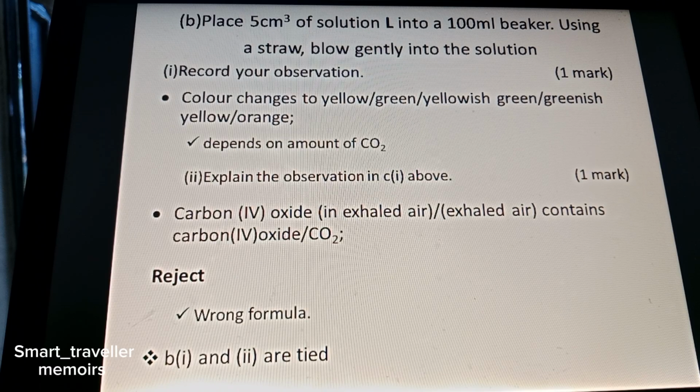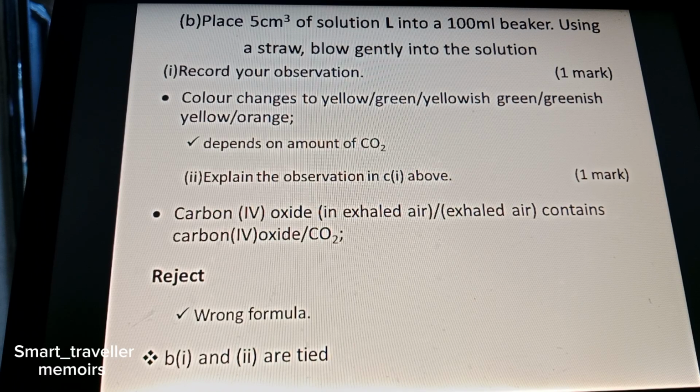Explain the observation in C1 above. Carbon dioxide in exhaled air contains carbon 4 oxide. Oh, sorry, let me repeat. The observation is that carbon 4 oxide in exhaled air.